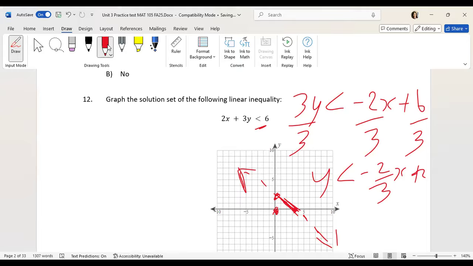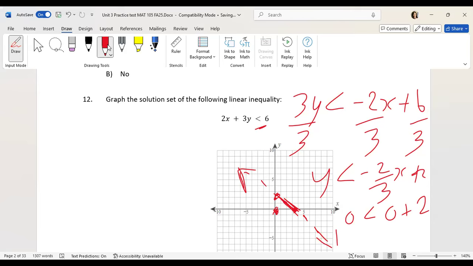So I have 0 is less than, whatever is here multiplied by 0 is 0, so is 0 less than 2? Answer yes or no. Why? Yes, 0 is less than 2. Good.